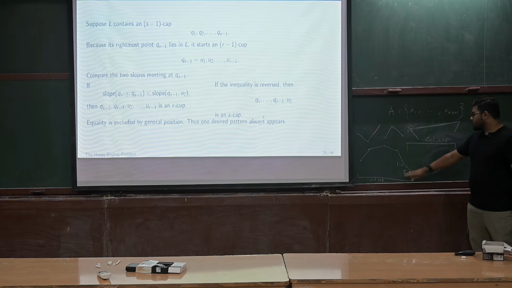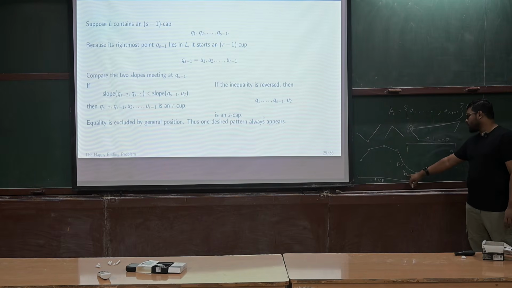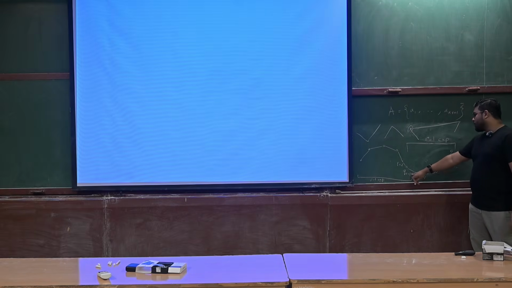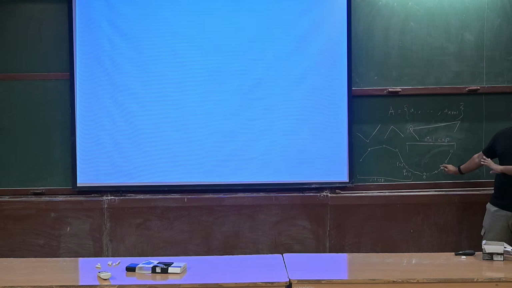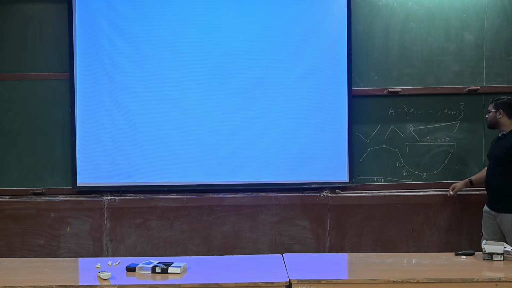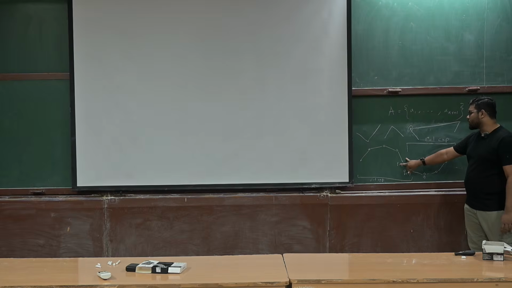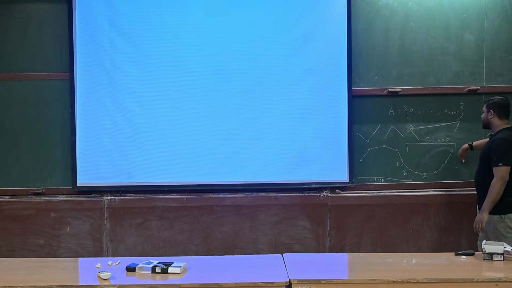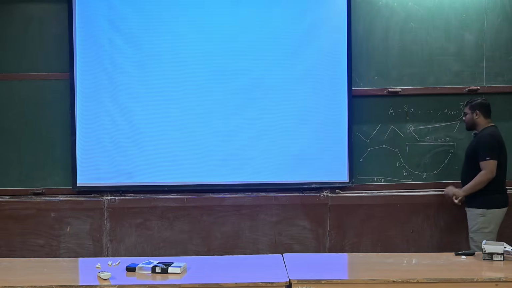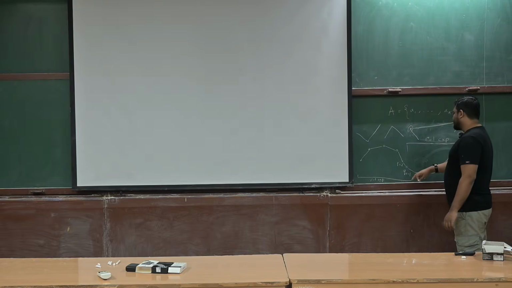So if this qs minus 2, qs minus 1 slope is less than this slope qs minus 1, is this part visible? Cool. So yeah, if this slope is less than this slope, then you can just append this qs minus 2 vertex to this r minus 1 cup and you get an r cup. So you're done. But what if it's the other thing?